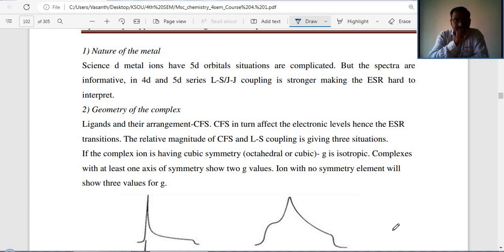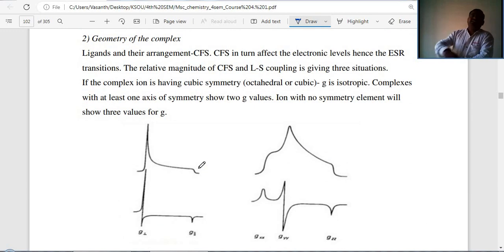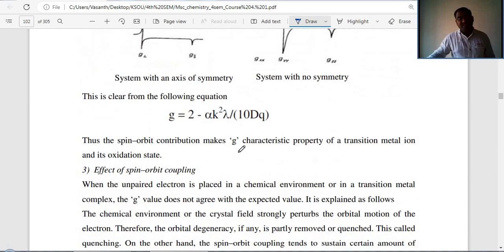Here, the nature of the metal: we consider that n number of metals are there, the 3d series, 4d, 5d, different. The geometry of the complex means ligands and their arrangement. Crystal field splitting determines the electronic levels, hence the ESR transition. These are all representations of this ESR.